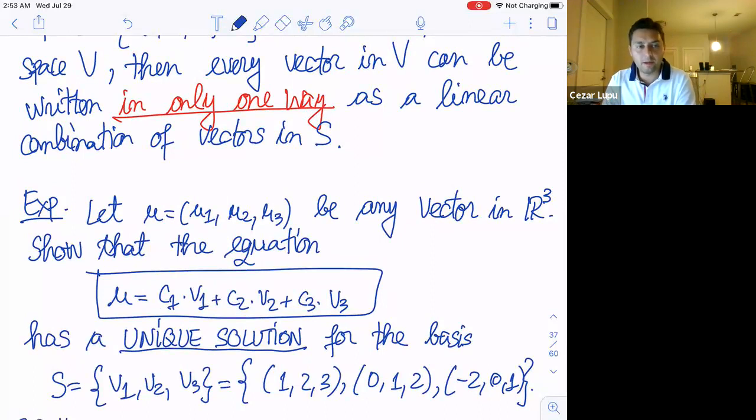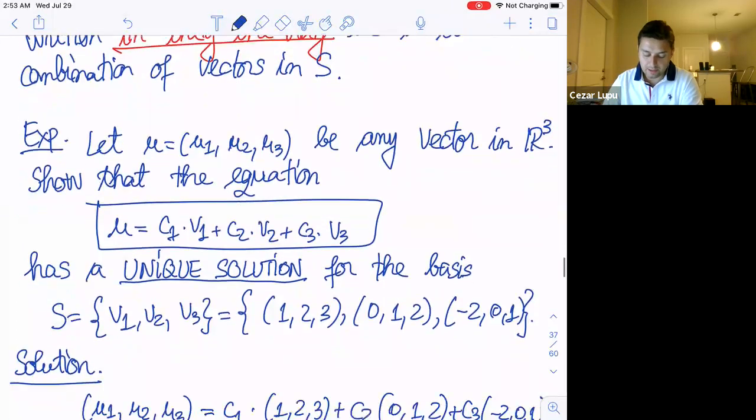And I want to show that the vector equation u equals c1 v1 plus c2 v2 plus c3 v3 has a unique solution for the basis S, which consists of the vectors v1, v2, v3 that you see here. The first one is (1, 2, 3), the second one (0, 1, 2), and the third one (-2, 0, 1). All right.